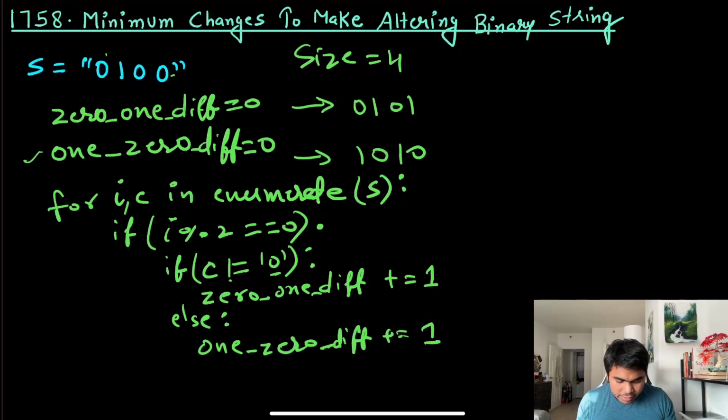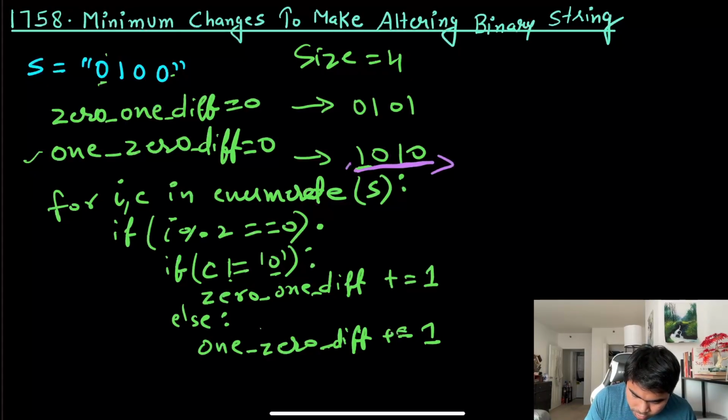I'm incrementing 1 0 diff because at this position I was supposed to see 1, but in my original string I'm seeing a 0, because if this is not 0, that means 0 is here. That is why I'm incrementing 1 0, because this is not matching 1, it's matching 0. So I will have to alternate that if I'm trying to make my substring into this alternating string.